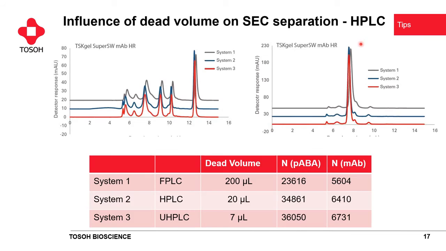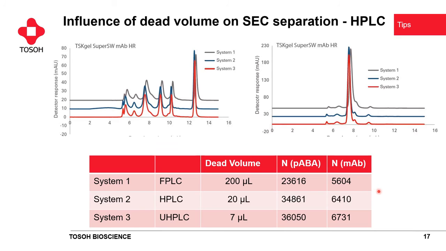Apart from the column itself, we have an influence of the HPLC system on our separation performance, and in particular the dead volume, meaning any additional volume between the injector and the detector that is not in the column, because there diffusion can happen, which leads to peak broadening and therefore decreased separation performance.